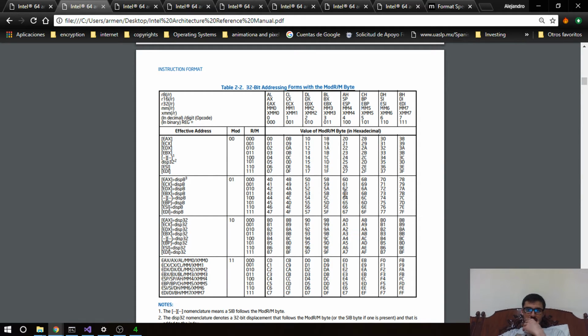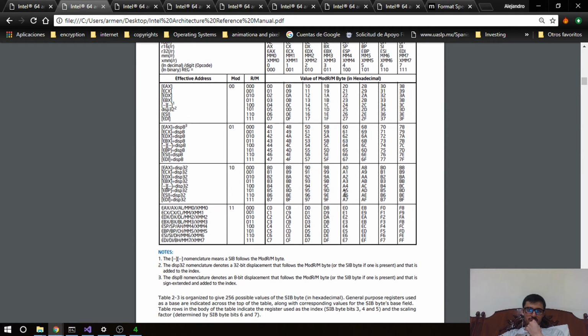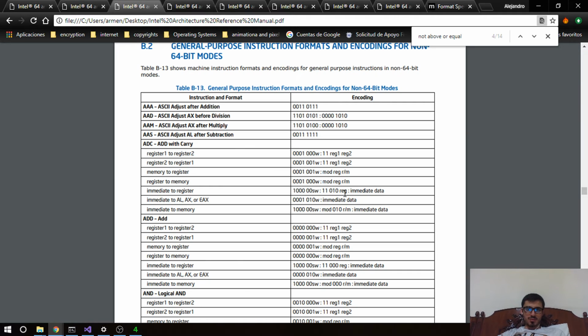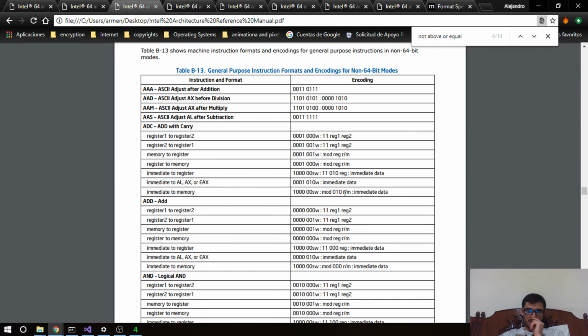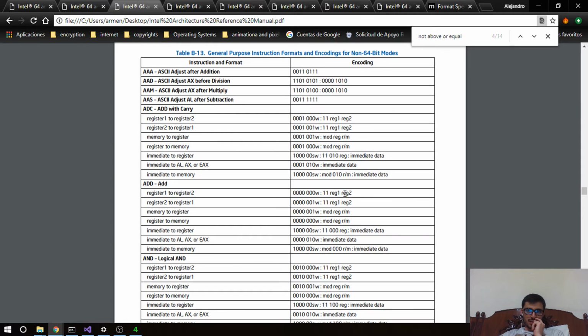So we have that. What else is missing here? Just to see that information clearly. Yeah, we have that. In this case, that's the way it's respected. We have, for example, from immediate to memory. So this is the memory here. We have to move from there.